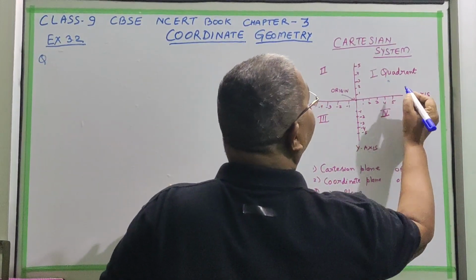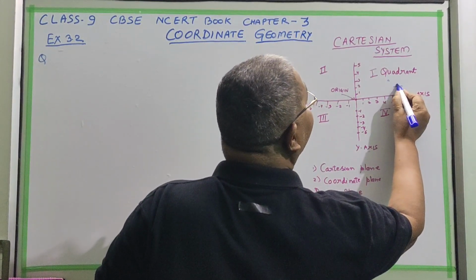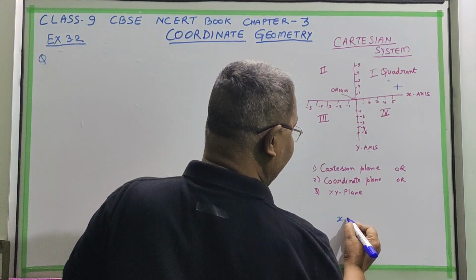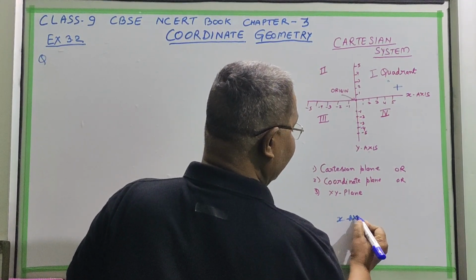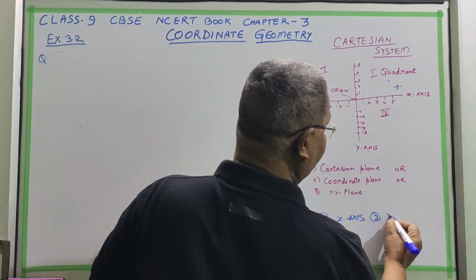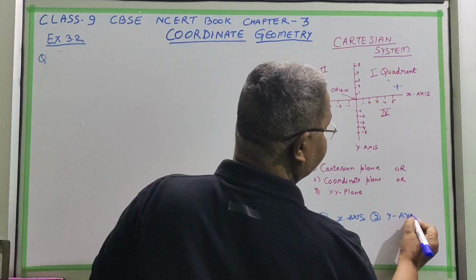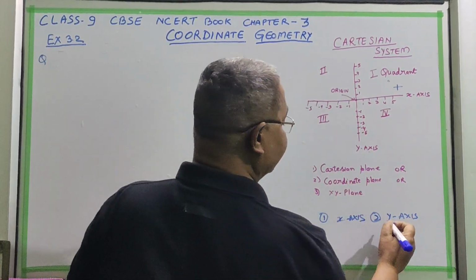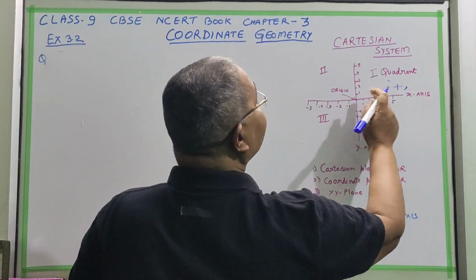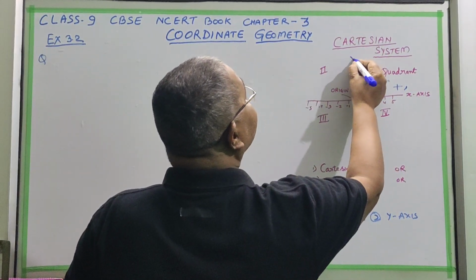The x-axis will always be the first number and the second number is always the y-axis. While writing the coordinates, you have to be careful: first is the x-axis and then the y-axis.